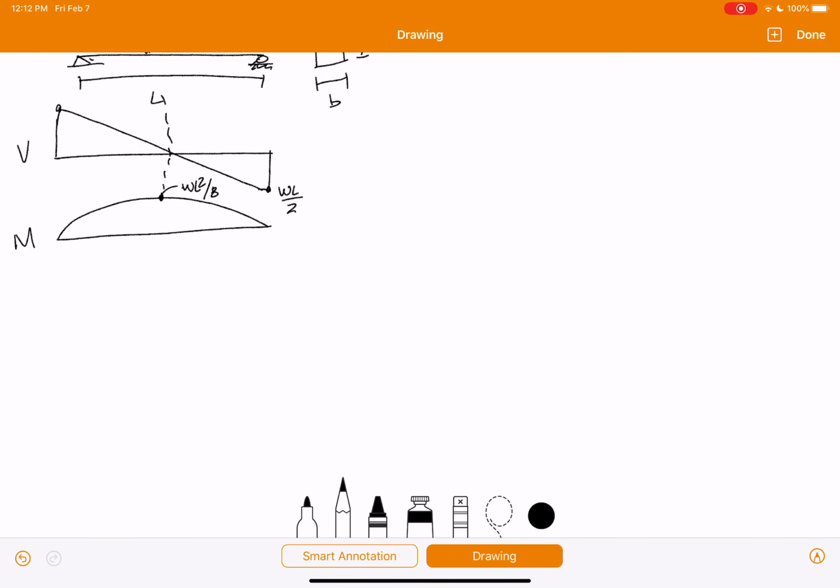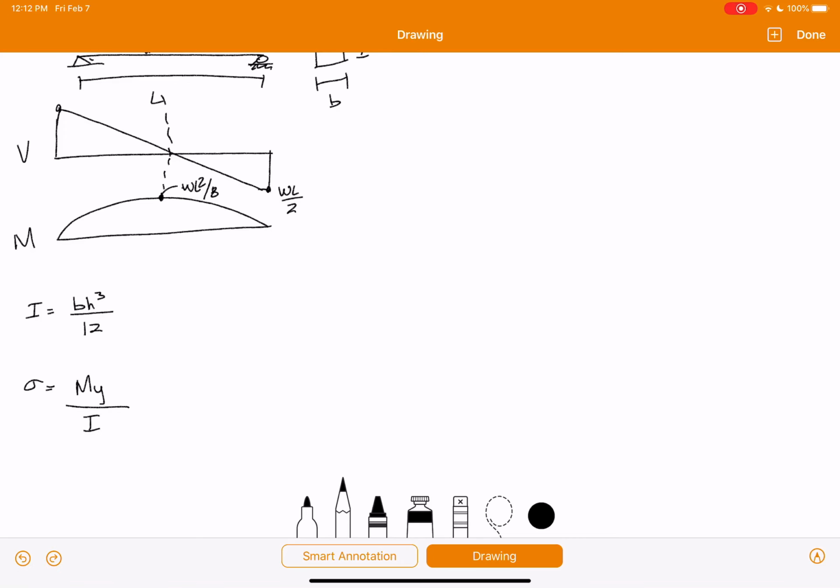So the first thing we need to find for this, after we find our max shear and our max moment, is going to be our moment of inertia. For a rectangular section, that's just BH cubed over 12. Then you can go ahead and find your max stress, and the equation for that is going to be My over I. So M is going to be your max moment that we got from right here. I is going to be your moment of inertia that we calculated right here.